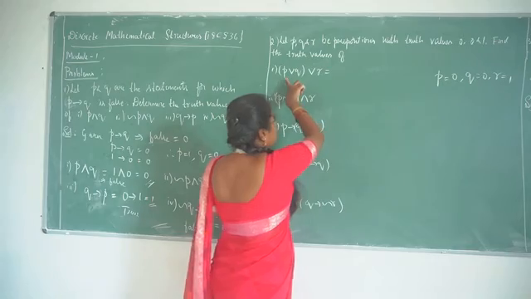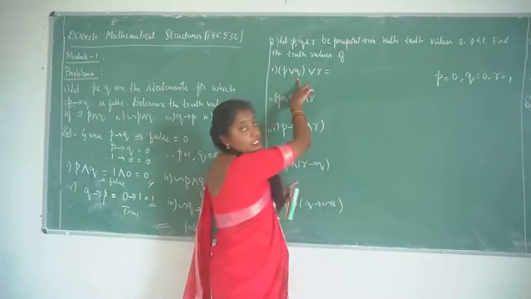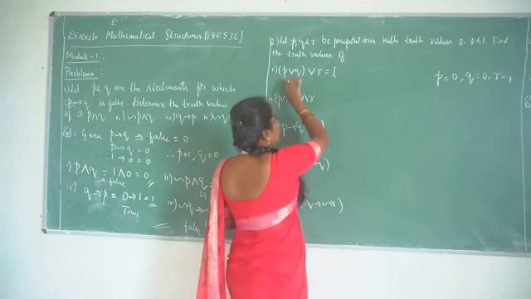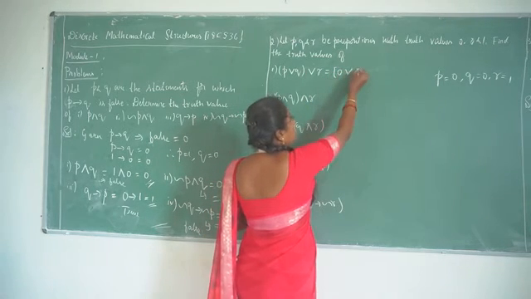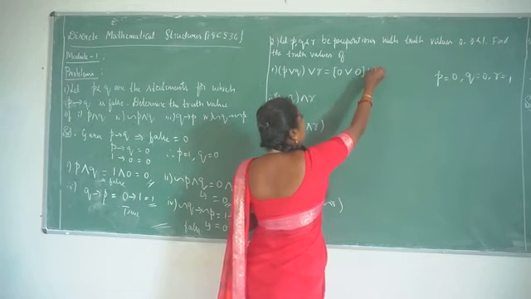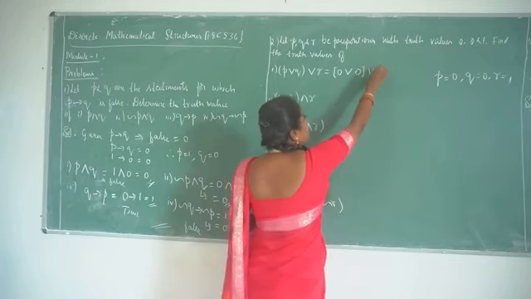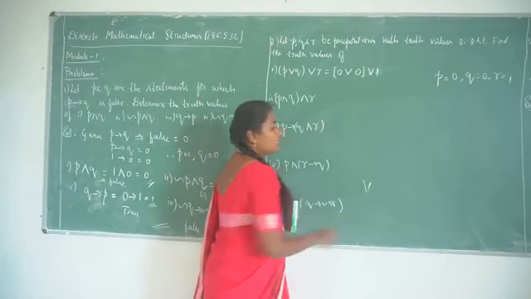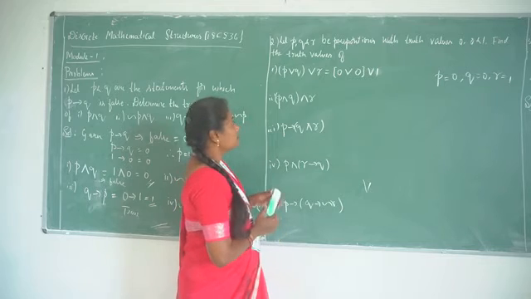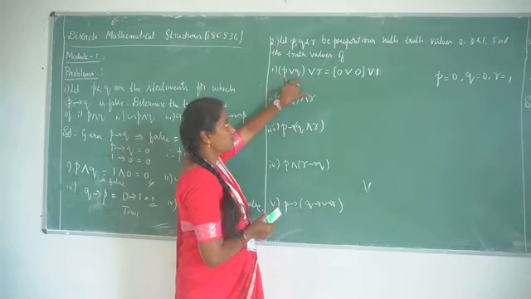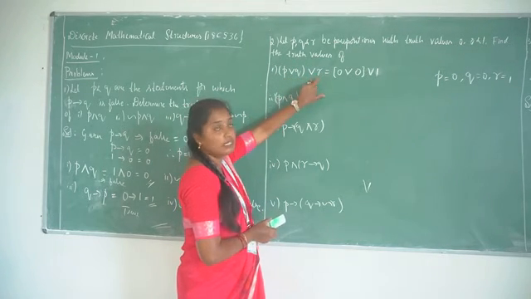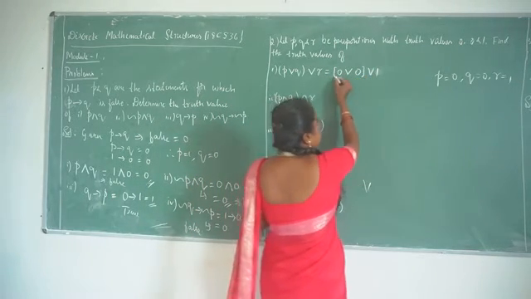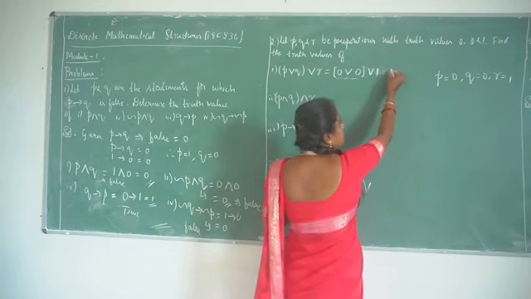Let's take the first one. P value is 0, Q value is 0 and R value is 1. So the resultant term is 0 or 0 or 1, with the disjunction symbol. First, 0 or 0 is 0.